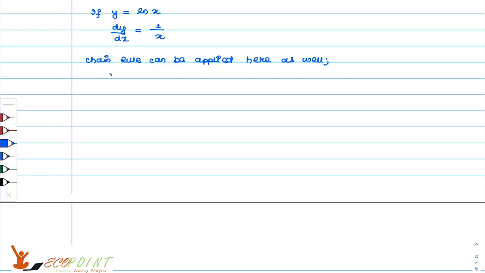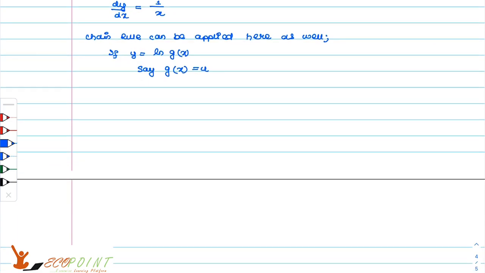So if y equals log of g(x), like this, now y is not directly dependent upon x, but y is the logarithmic function of a function. So I can say g(x) is equal to u. So y is equal to log u, where u is g(x).